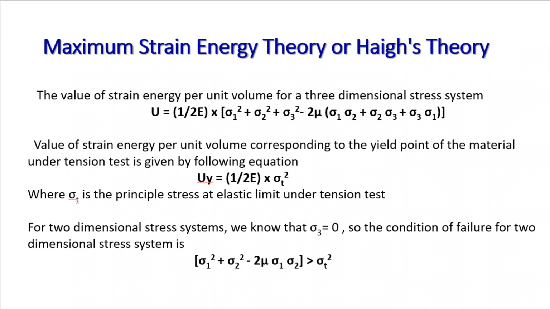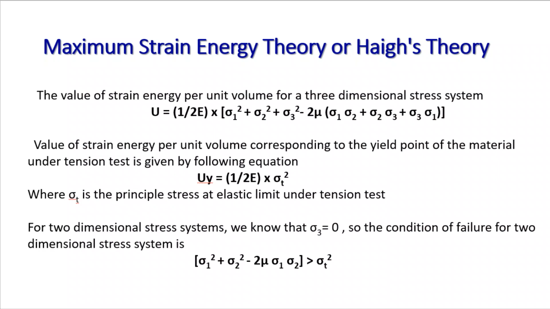For a two-dimensional stress system, we already know that sigma 3 will be 0, so the condition of failure will be reduced to this. How did you get that? We equate sigma 3 as 0 and substitute. So it is like this.